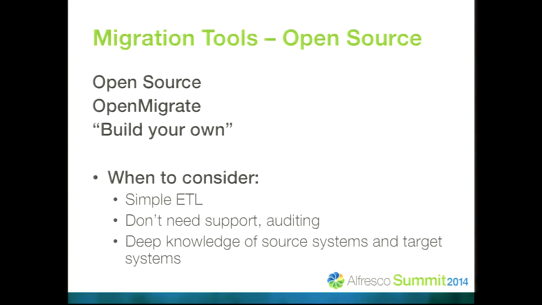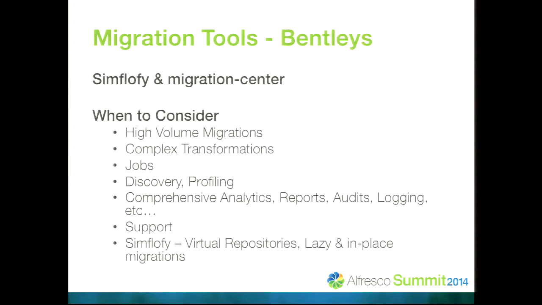You don't need the support. You don't need auditing. You don't need the high level logging and analytics that normally come with these other systems, unless you're going to build it yourself. However, you do need deep knowledge of your source systems and your target systems, because you're going to be building your source-target connectors. Whereas the Bentleys, they're going to build your connectors and support those connectors for you.